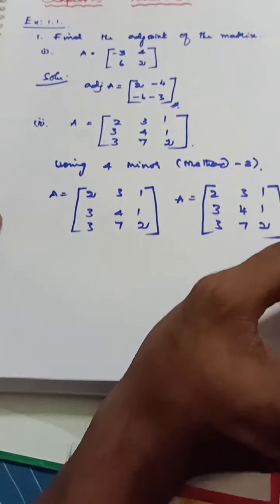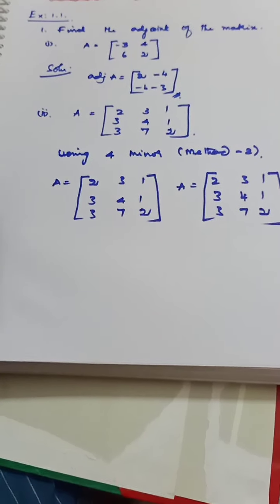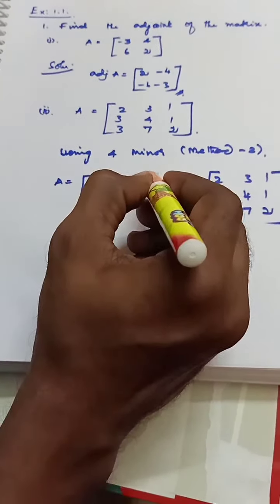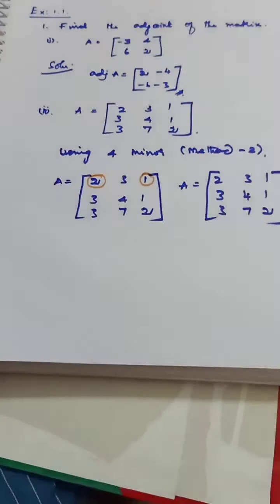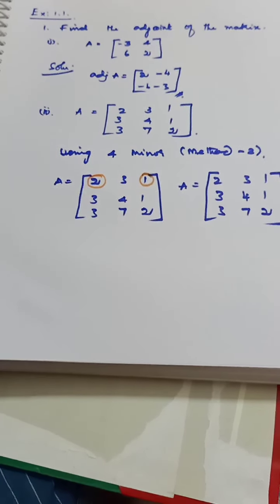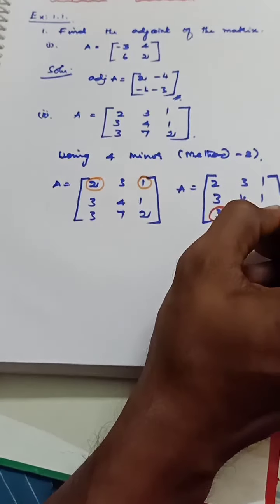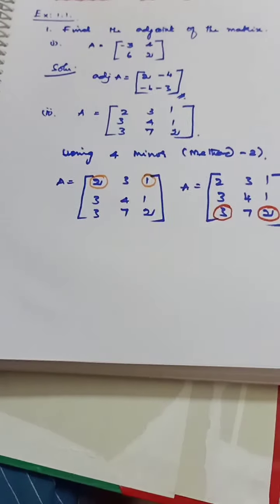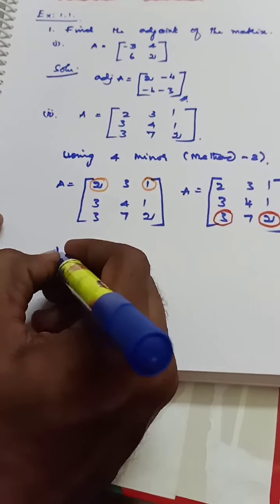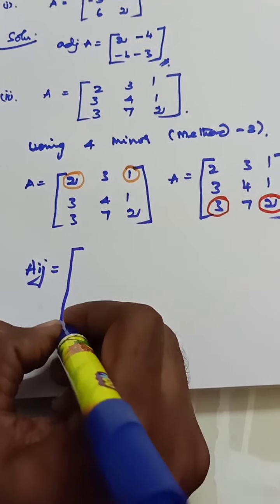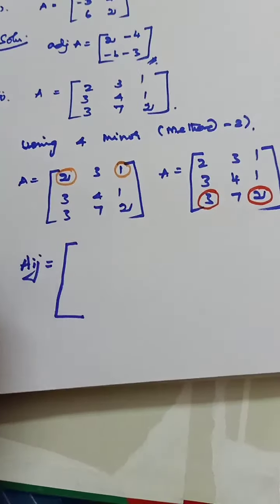So what is the second method? We are going to follow 4 minors: number 1, number 2, number 3, number 4. For finding the cofactor, your Aij is nothing but the cofactor matrix. I circled 4 numbers, right?